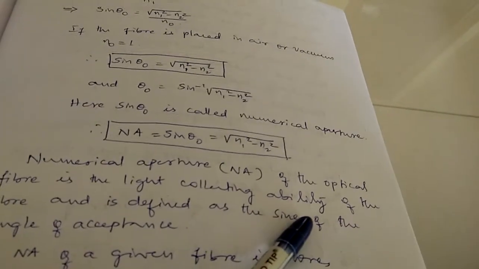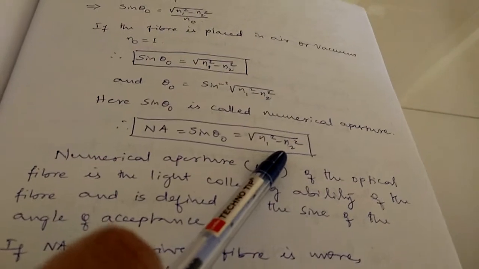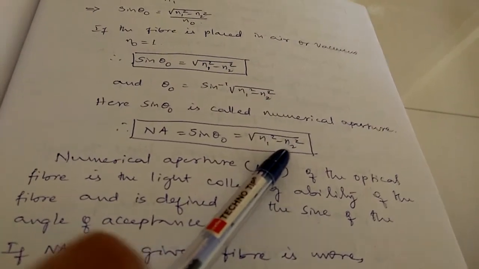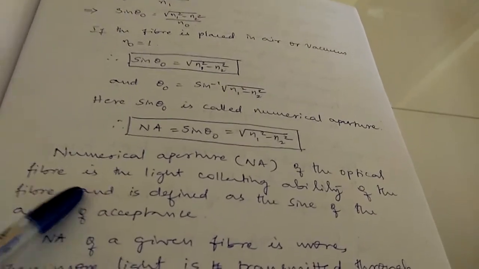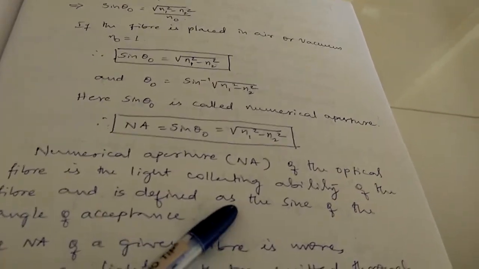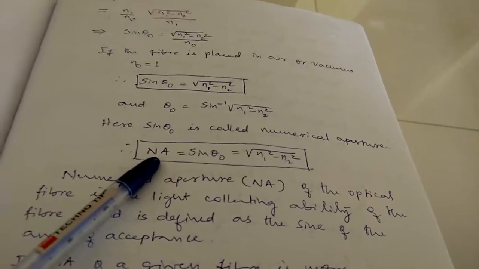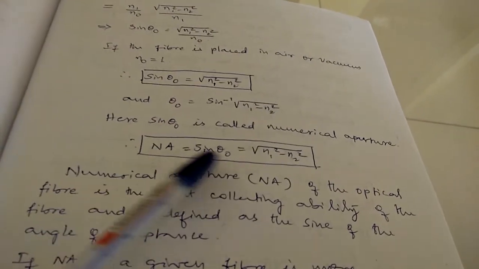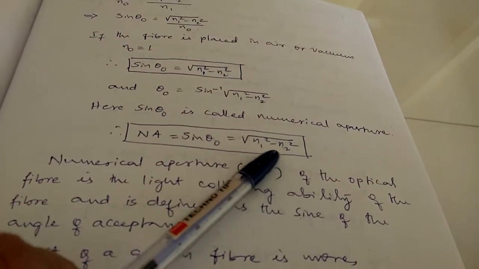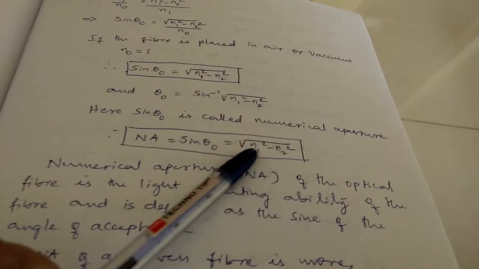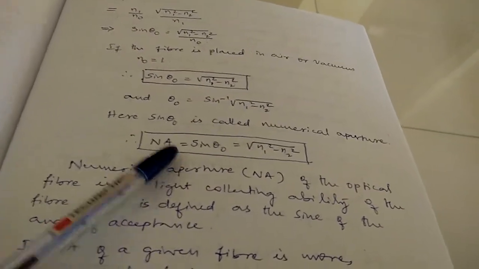That means as root of n1 square minus n2 square increases, the ability of collecting light of the fiber also increases. This is known as numerical aperture, and it is only a numerical value because n1 and n2 don't have any units, so we get numerical aperture as only a number.